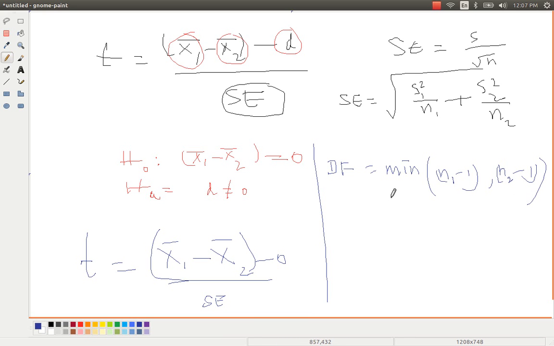Whichever is the minimum is going to be the degrees of freedom. Actually there is a different procedure to compute the degrees of freedom through the pooled variance, but I just wanted to keep my video short, so I'm going for a simple procedure to compute the degrees of freedom.